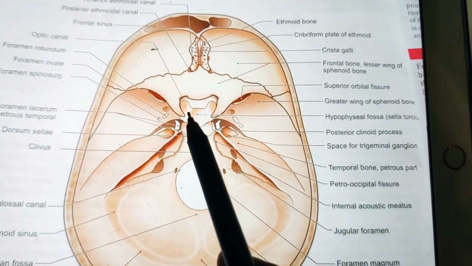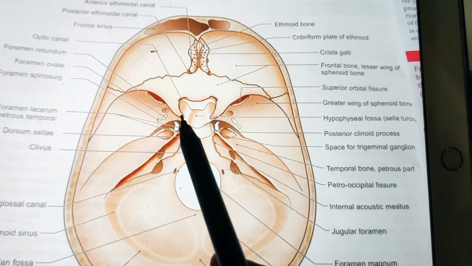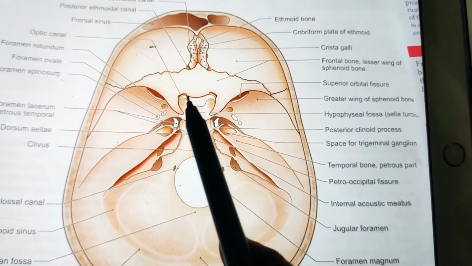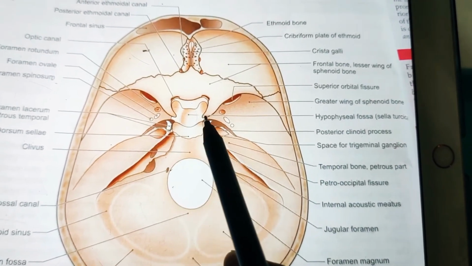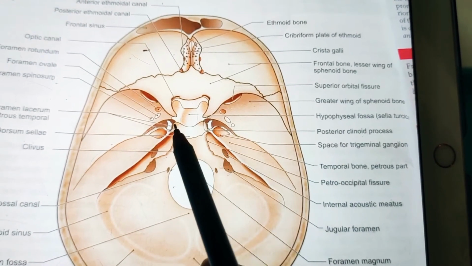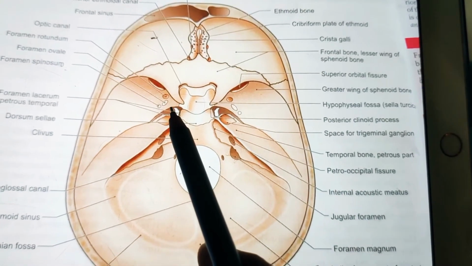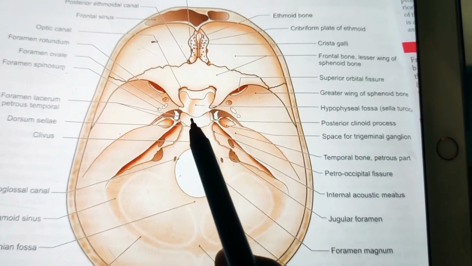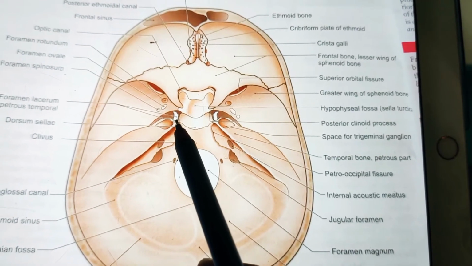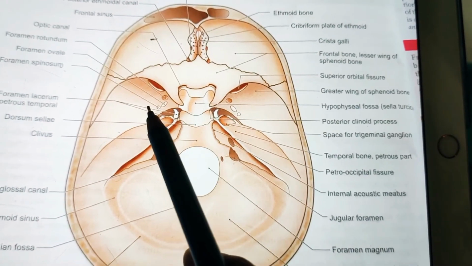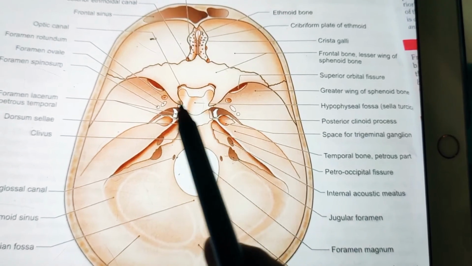Now coming to the tuberculum sellae, which separates the optic groove from the hypophyseal fossa. Its lateral ends form the middle clinoid process. So actually here forms the middle clinoid process. As this is the anterior clinoid process, the dorsum sellae will form the posterior clinoid process. The middle clinoid process may join the anterior clinoid process here.